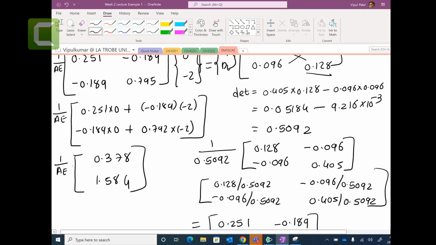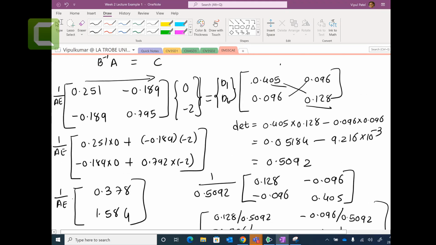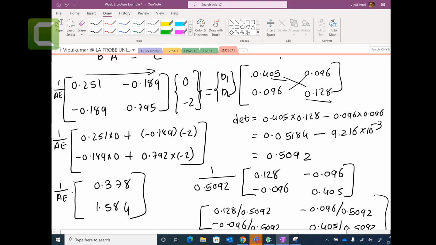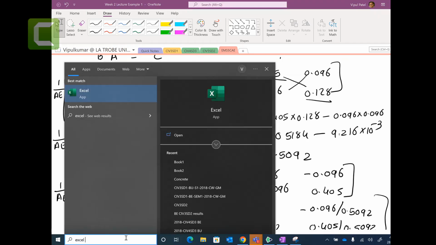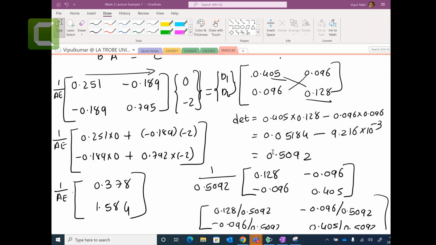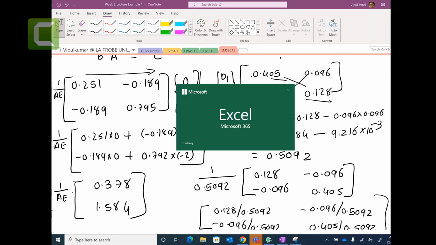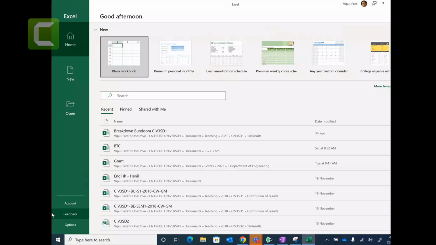So let me find the inverse of this matrix, 0.405 and 0.128, 0.096. Let me quickly do it online, or we can do it on Excel. Inverse matrix, Excel. What's the command? Okay, the MINVERSE function.